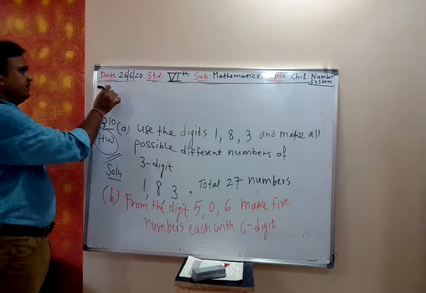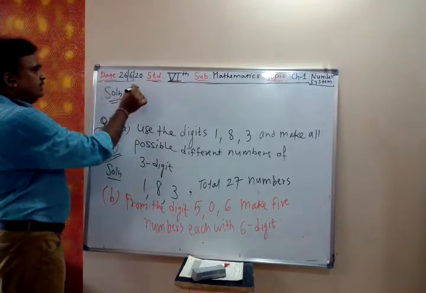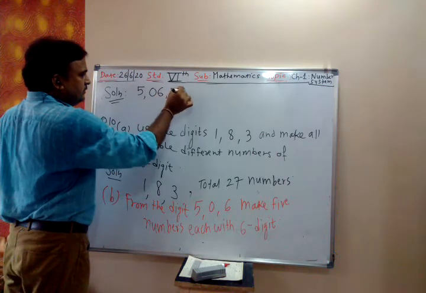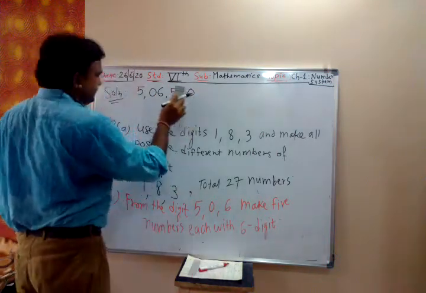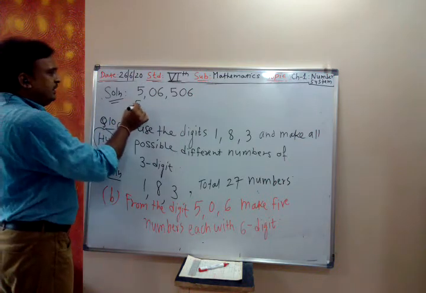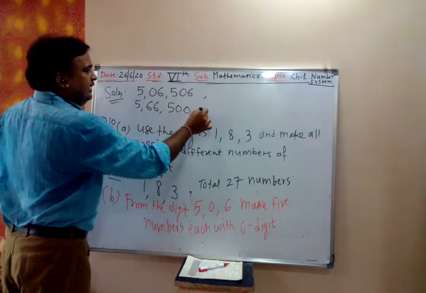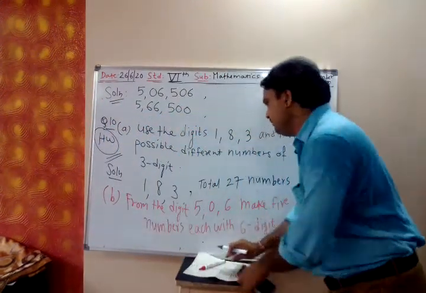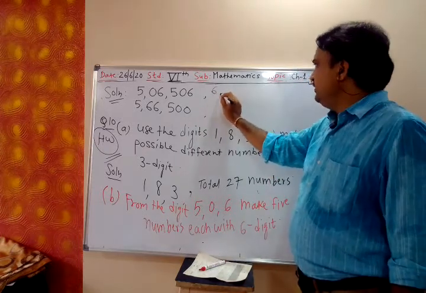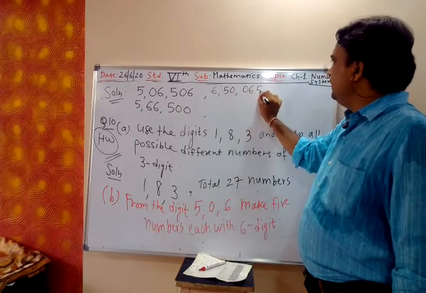Wait. Let me write. Still we have time. 506. 560, write this. 506, write one number, then 566, 500. 5 numbers you have to write. 650, 605, this is the third number, the fourth number.